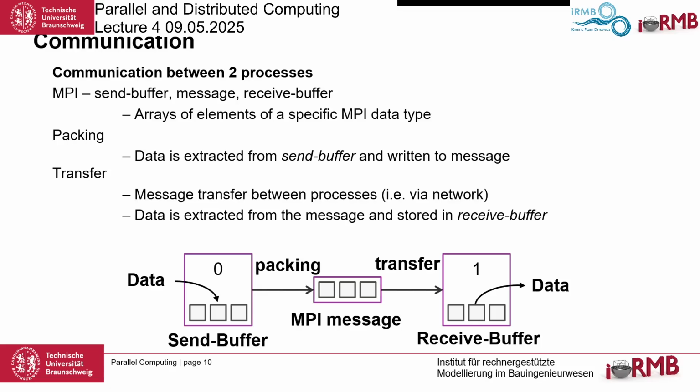This is then taken out by the MPI and put into its own memory, then sent over the network, and then it's unpacked on the other side and put into the receive buffer, which you can then use for further processing.